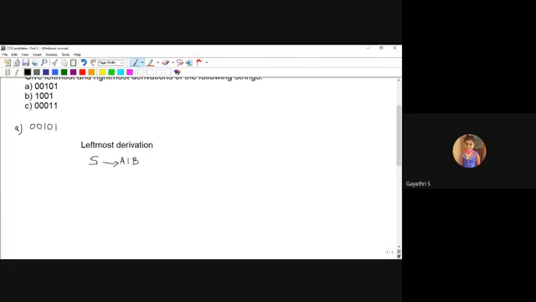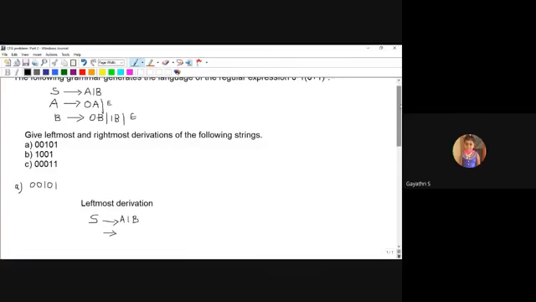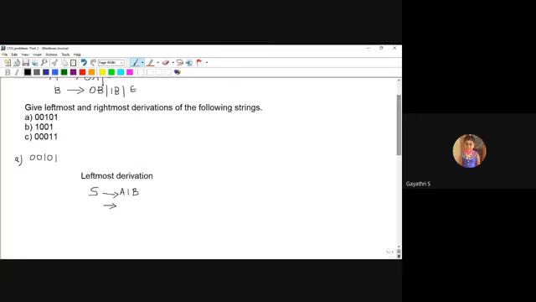So I will replace A first. There are two options for A: A can be replaced by 0A or epsilon. Here I will choose 0A. For rightmost derivation, you will tell the answer. A is replaced by 0A, and I write 1B as it is. First step over.